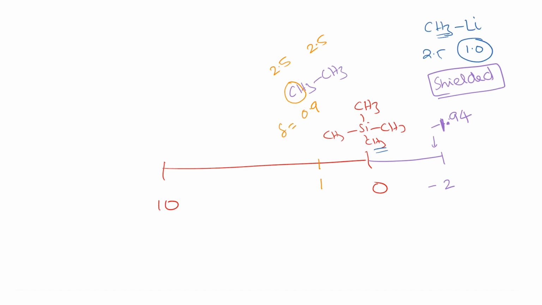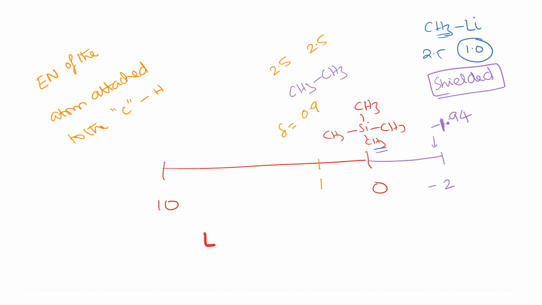So, in this example what we see is an almost excellent correlation between the electronegativity of the atom attached to the carbon which is next to the hydrogen. Let me quickly repeat here.